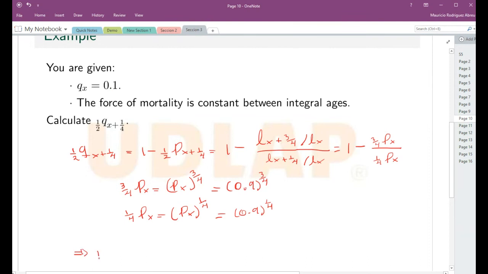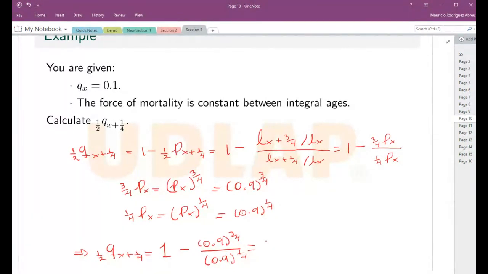So this means that 1/2 of qx plus 1/4, that'd be 1 subtracting 0.9 to the 1/4. So let's estimate that. This is 0.0513.